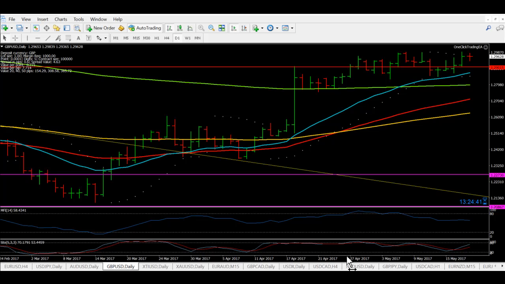I think what most traders will really be looking for is for cable to break that 1.3 mark, which would be a very bullish signal, technically followed by the uptrend as we've seen over the last few months. We should draw some good long positions onto it.